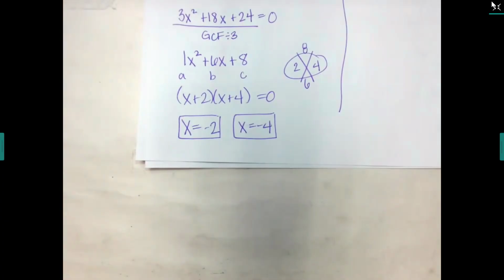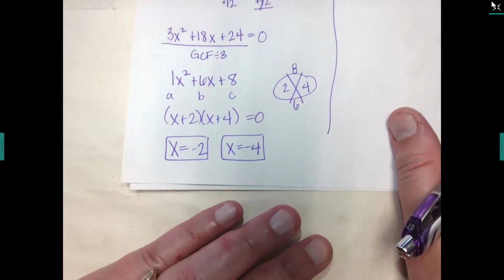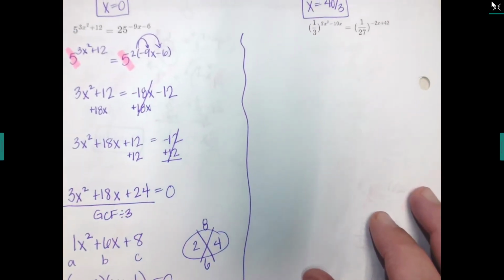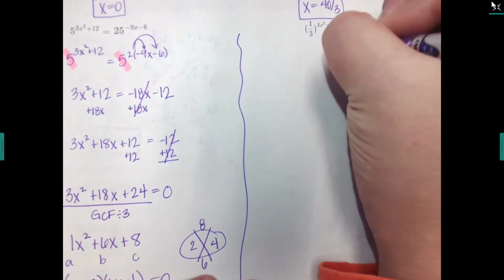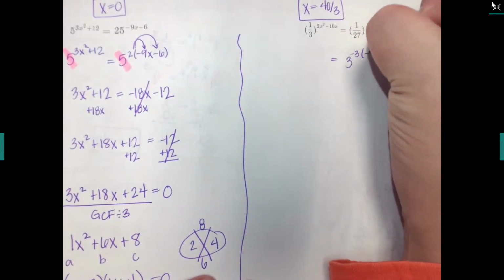Okay, the next question, your bases are 3 and 27. Can you look up 27 in the 3's chart? 3 to the 3, very good. Now, if they're fractions, what do I have to do to the exponent on the 27? Good, so this is going to be a 3 to the minus 3.